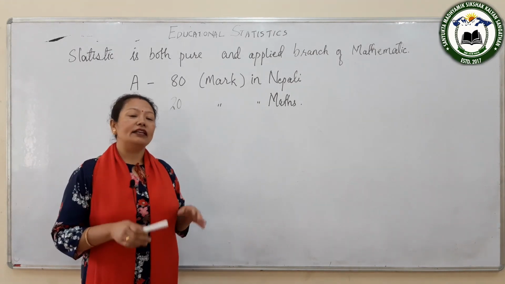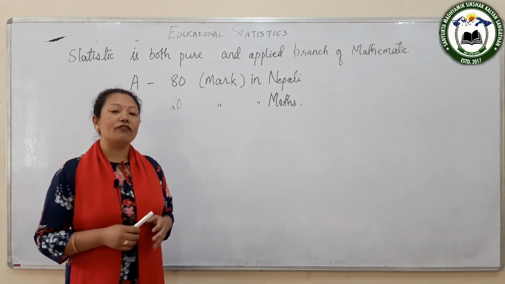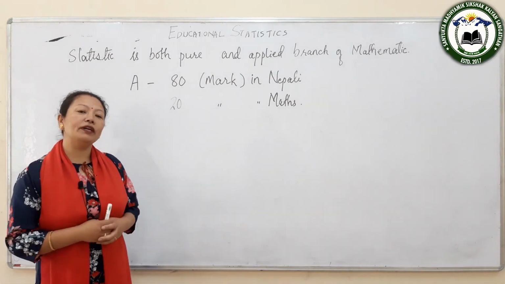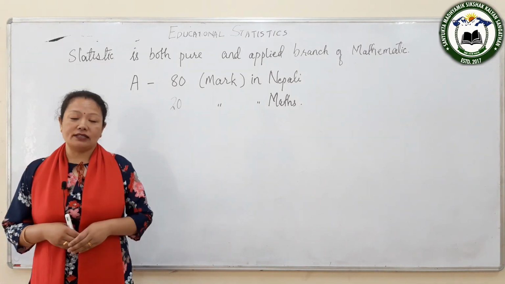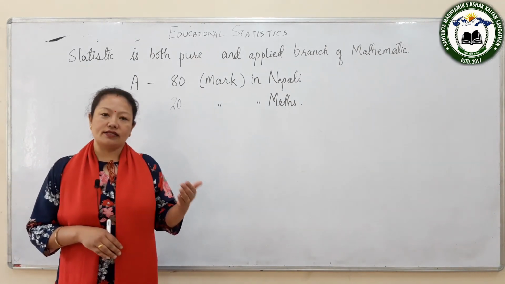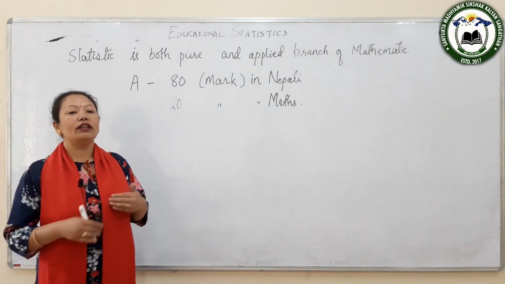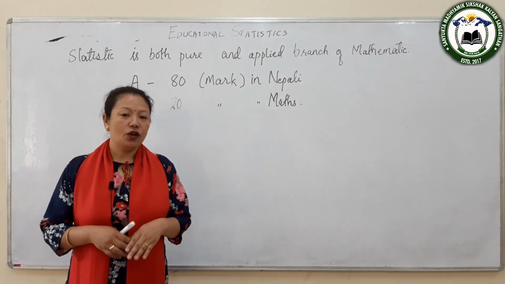That means the examination system. So every time you appear in the examination, you will obtain certain marks, and those marks will decide whether you are successful or whether the teacher will decide that you have to be detained.